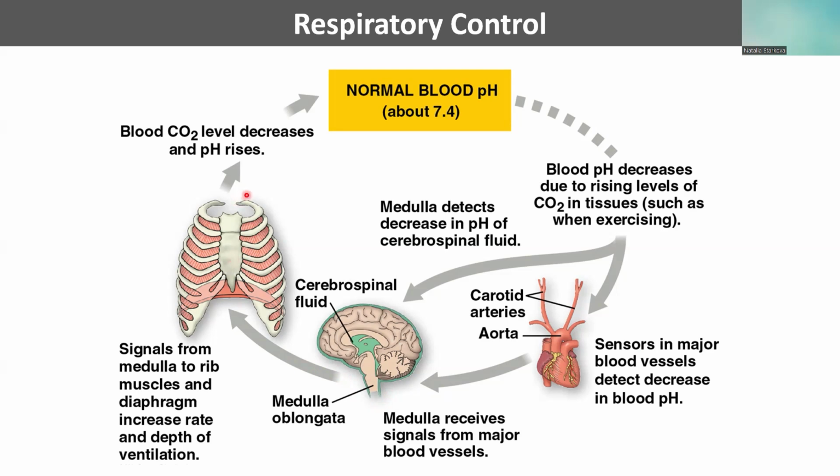This increases the content of oxygen and decreases the level of carbon dioxide in the blood. Because the carbon dioxide decreases, the blood acidity returns to normal and everything is back to what it should be. So I will repeat it again. It's not the oxygen that determines how fast and deep we breathe, it's the carbon dioxide.